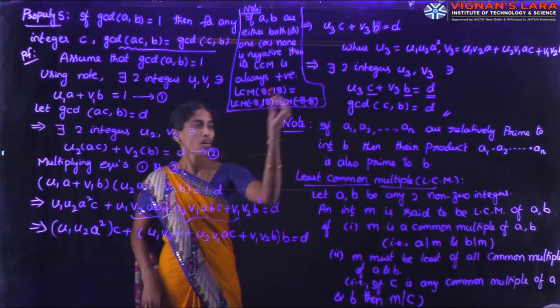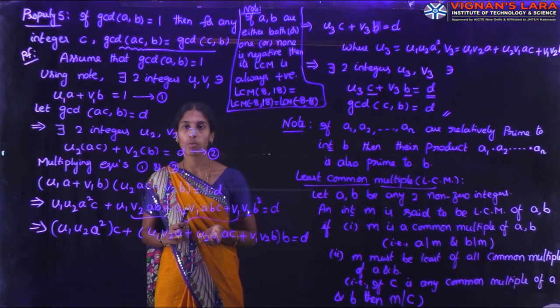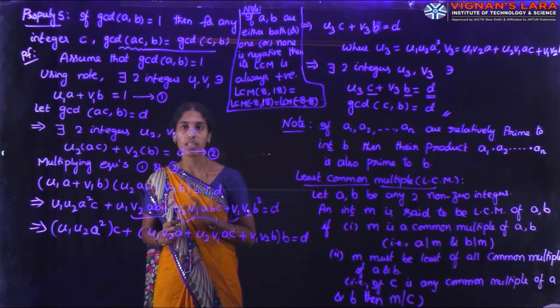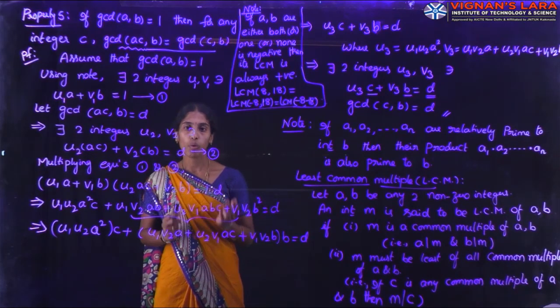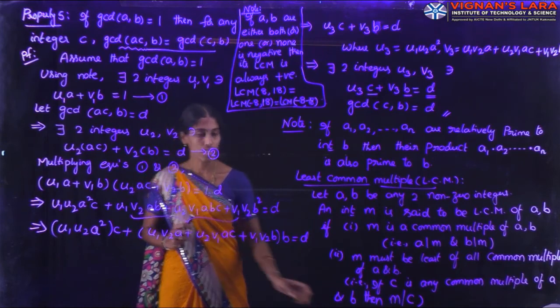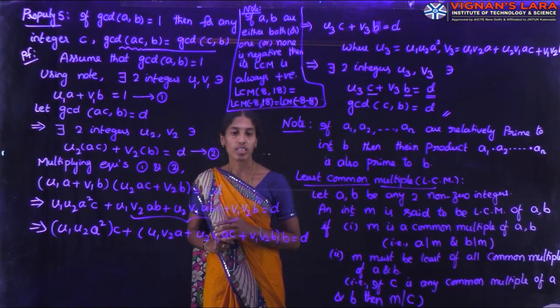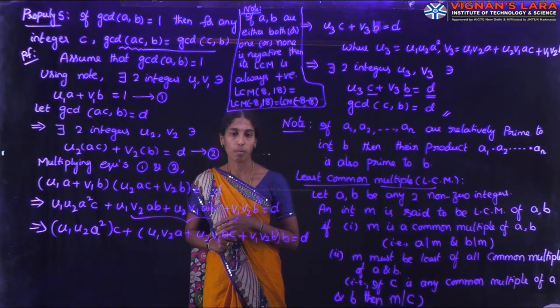So the meaning of this note is, if both are positive, or both are negative, or one is negative, one is positive, LCM of all these three are same. Right? With this, the concept of GCD and definition of LCM completed.